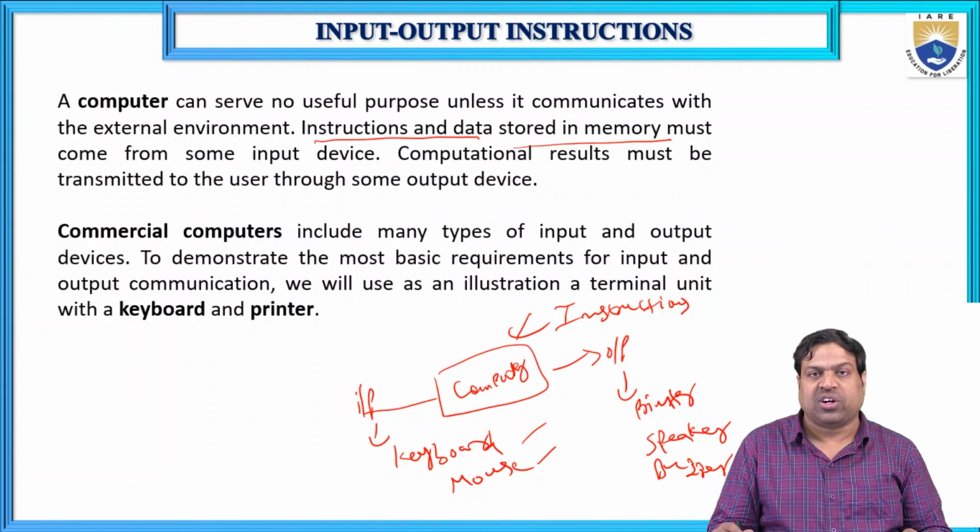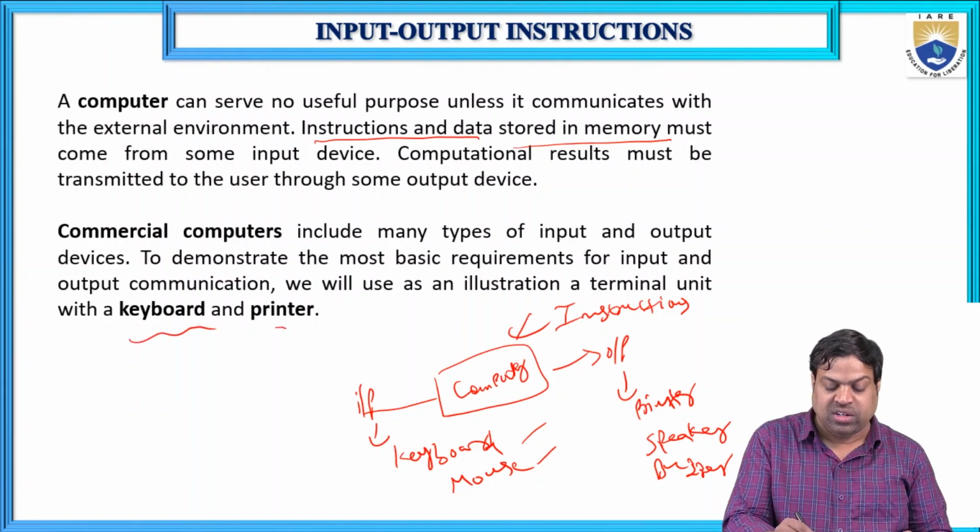Suppose we take not a personal computer, but a commercial computer. Commercial computers include many types of input and output devices to demonstrate the most basic requirements for input-output communication. We will use as an illustration the terminal with a keyboard and printer.